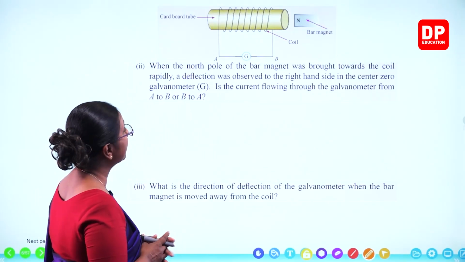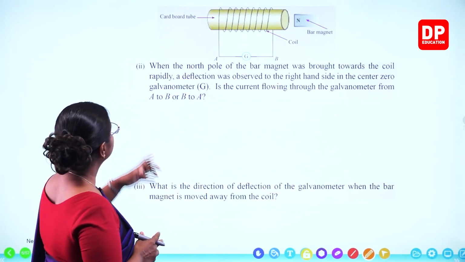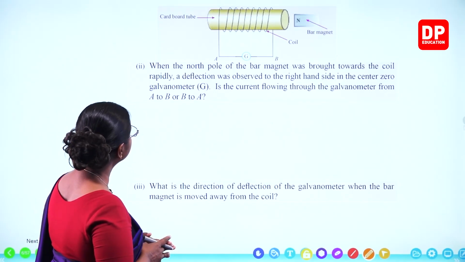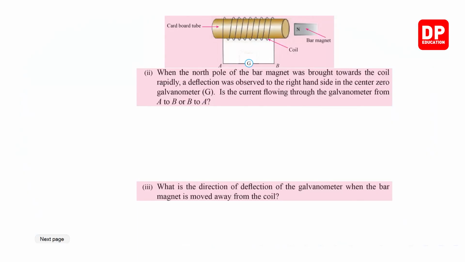So we have the same diagram given there. Then the second part: when the north pole of the bar magnet was brought towards the coil rapidly, a deflection was observed to the right-hand side in the center zero galvanometer.